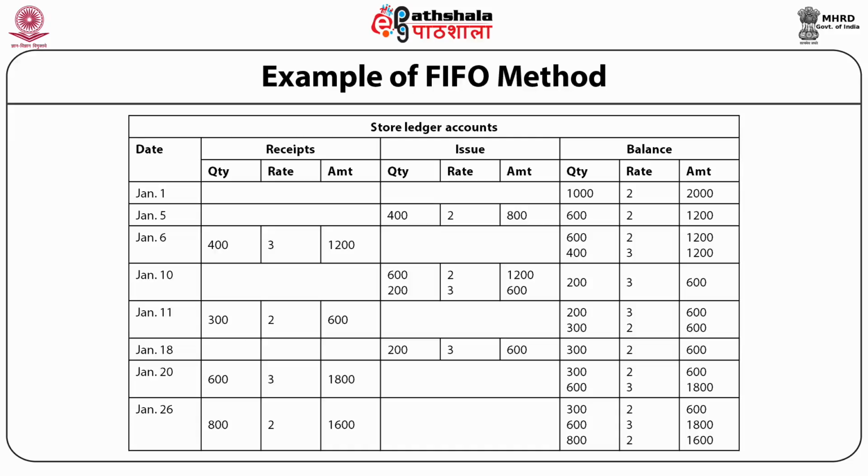In a similar manner, when we have to make an issue of 200 units, these were issued at the rate of 3 per unit, and preference was given to the material which is received first.